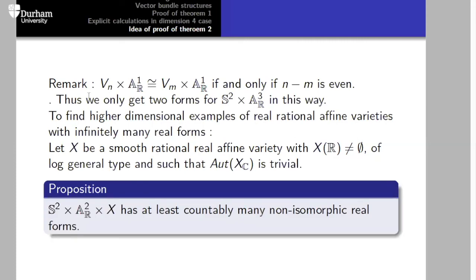The proposition is, if I take S2 cross A2 cross X, this variety also has at least countably many non-isomorphic real forms.